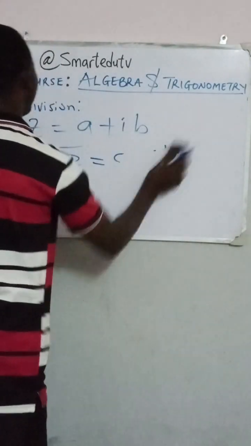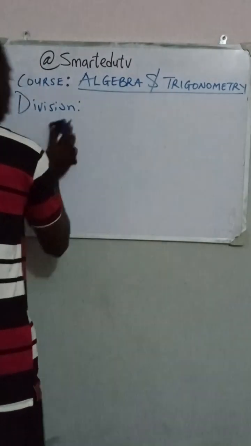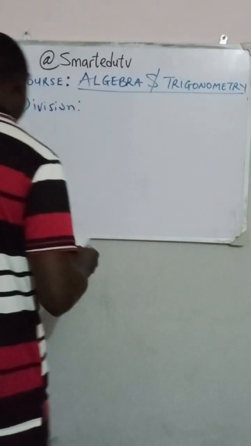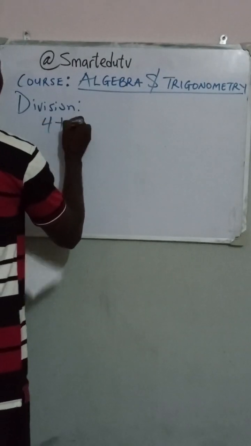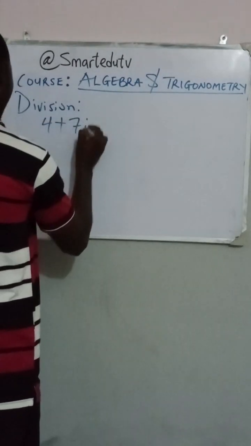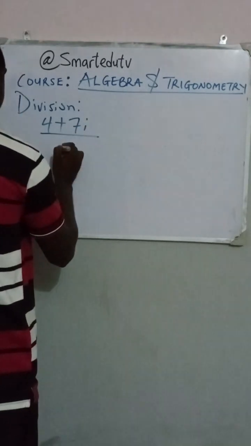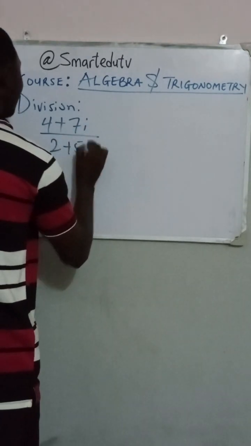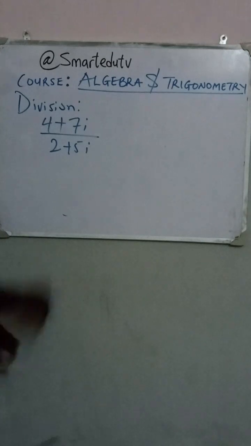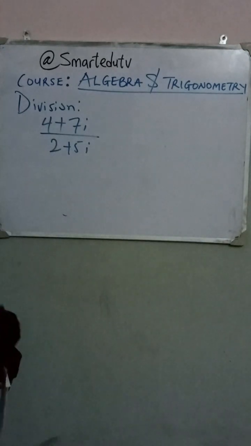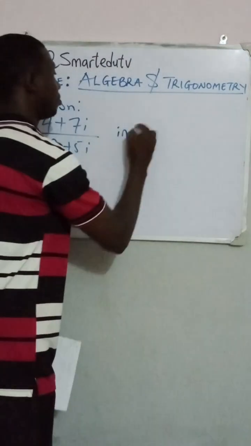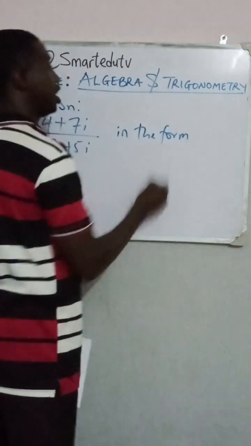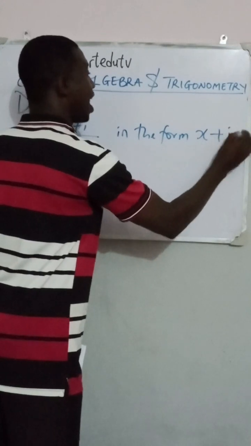For example, simplify 4 plus 7i over 2 plus 5i in the form x plus iy.